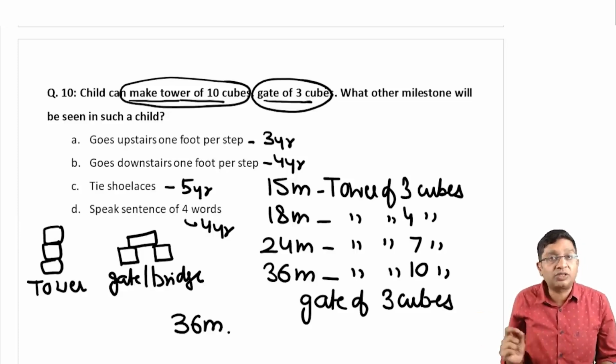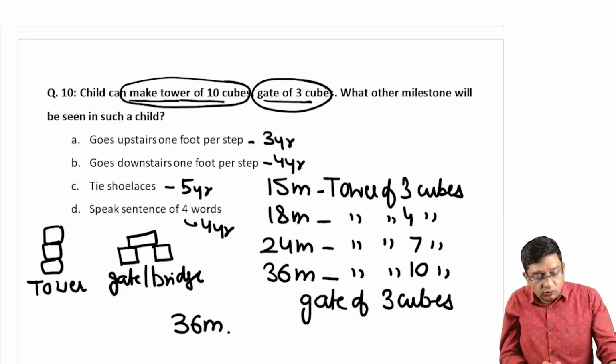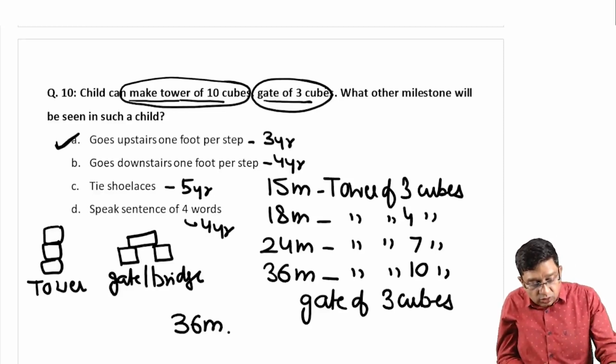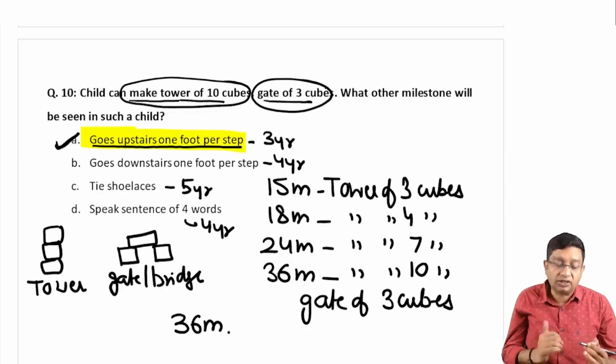So 2-year child will speak sentence of 2 words, 3-year child will speak sentence of 3 words, 4-year child will speak sentence of 4 words, right? So what is seen at 3 years is goes upstairs, that is 1 foot per step.